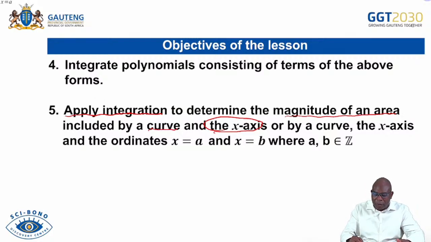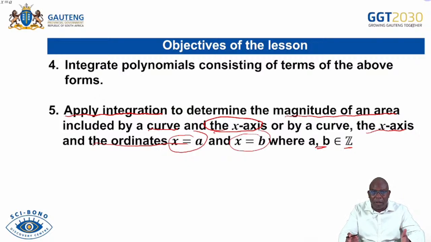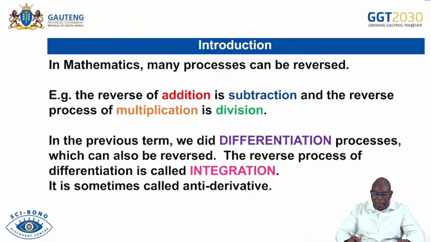So it will be the x-axis and the coordinates, which will be given. For instance, I can be given x at a and x at b, where a and b are going to be integers. So it can be negative, it can be positive, so we must be able to do that.